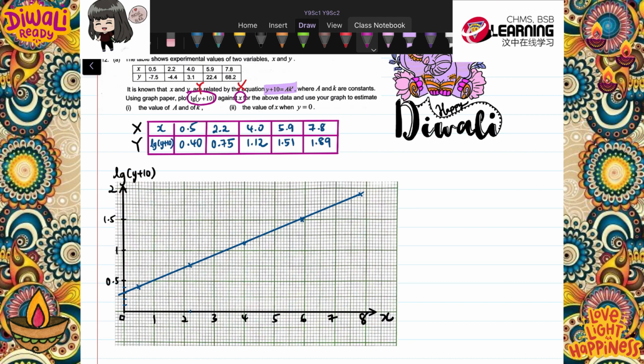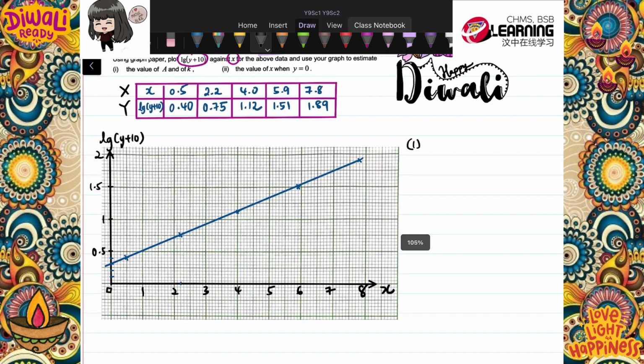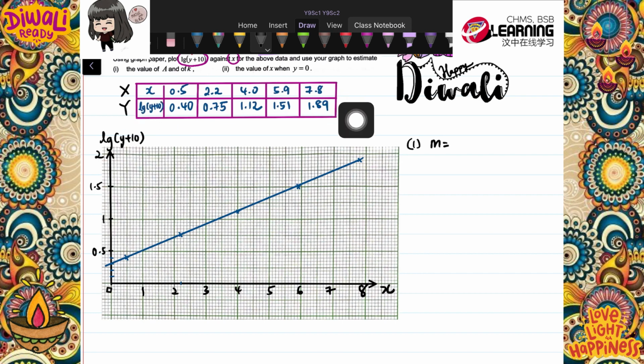So first step, of course, is finding the gradient from this graph that we plot. So gradient we will pick any 2 points from here. For me, I will pick 0.5, 0.4, actually any point also okay lah. And then 2.2, 0.75.